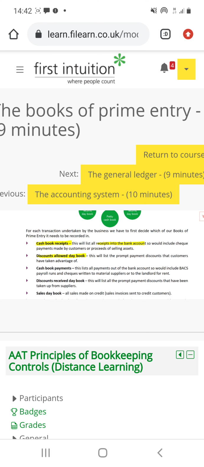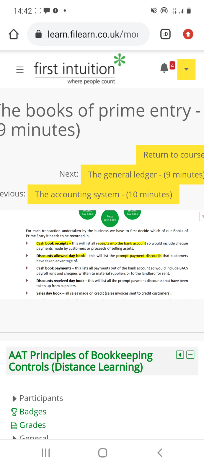Now you then have your discounts allowed day book, a slightly less obvious one, one that you're going to encounter far less regularly. You can imagine the cash receipts book all the time because businesses are getting money coming into their bank account all the time. Discounts allowed book far less so. This is where, if I allow someone to have a discount for what we call a prompt payment.